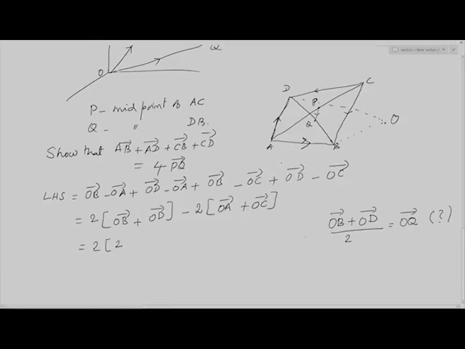Right now let us assume that OB plus OD by 2 is equal to OQ. The same way OA and OC, if I connect, then it is a midpoint, I am getting OP. So, 2 times OP. Therefore, it is 4 times OQ minus OP, which is equal to 4 times PQ. So, this is what we wanted to prove.